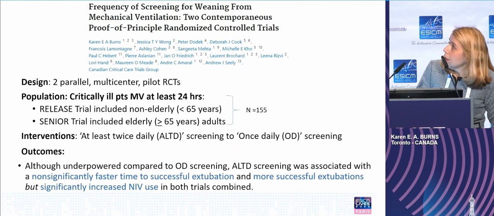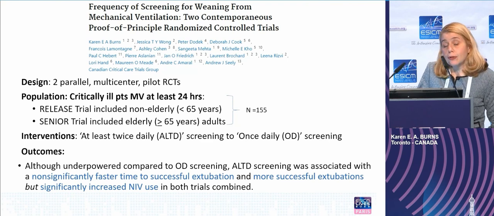And there have been two pilot trials which I led in preparation for the factorial design trial that we currently just completed, actually. We did some pilot work, including 155 elderly and non-elderly patients, and we really compared at least twice daily screening to once daily screening in these trials.